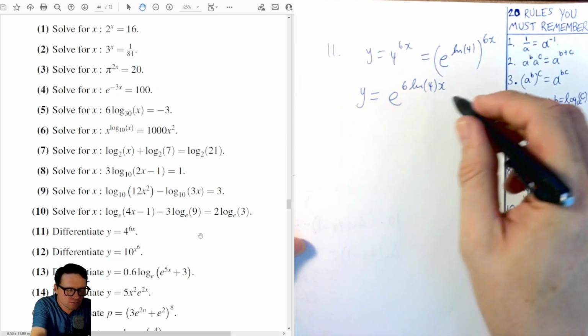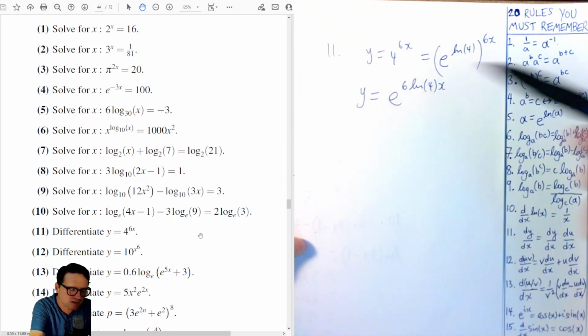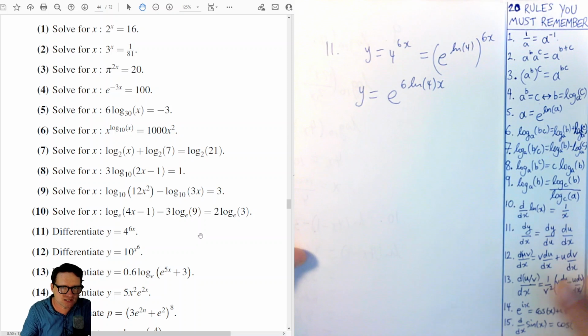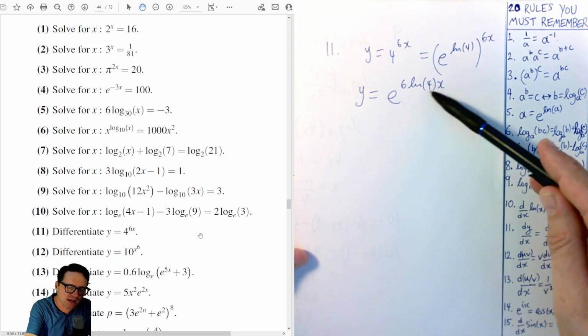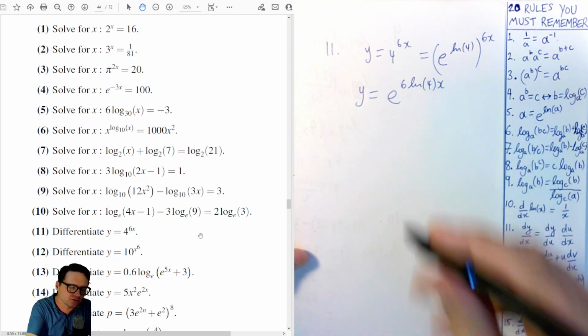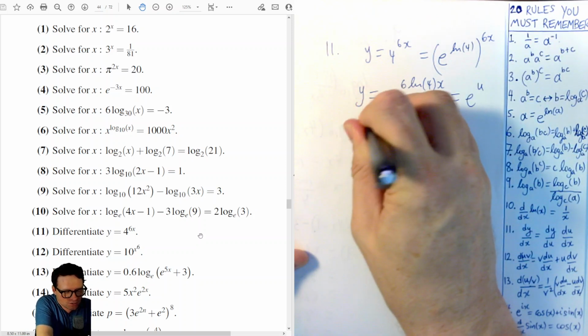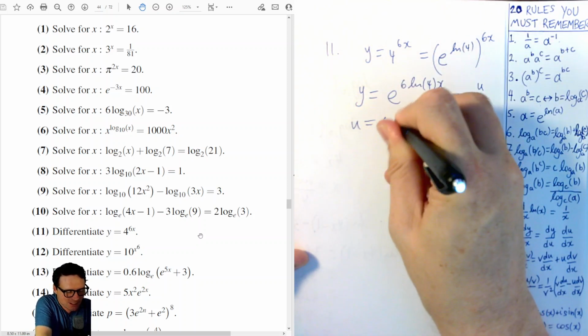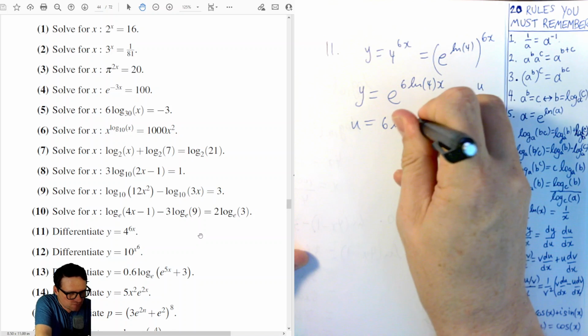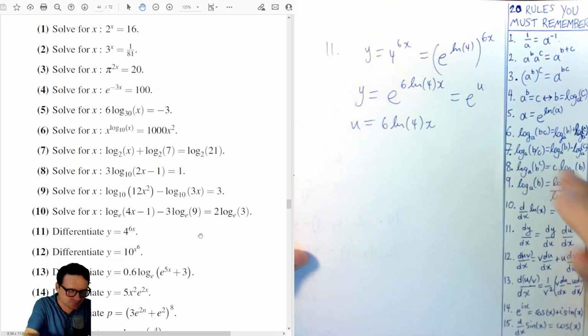But before we do that, because we're going to need the chain rule, which is down here in rule number 11, I want to express this as e to the power of u, where u is equal to 6 natural log of 4 times x.